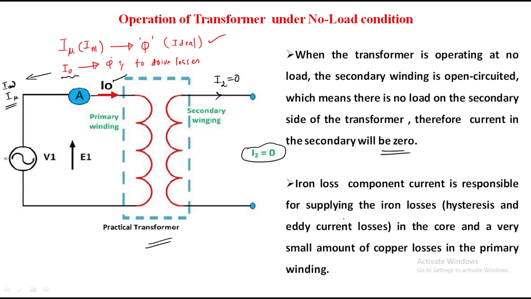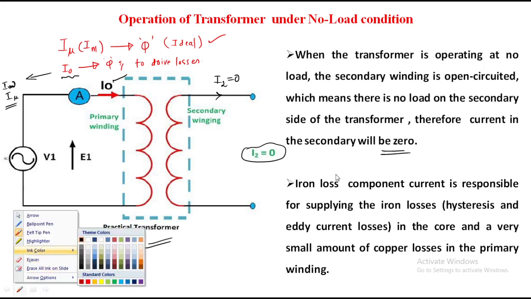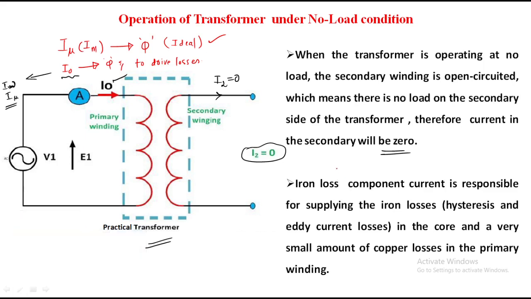So in order to drive the losses, iron loss component is nothing but what? Let us take IW. This component of current is responsible for supplying the iron losses, those are nothing but hysteresis and eddy current losses, and a very small amount of copper losses in the primary winding under no load condition.